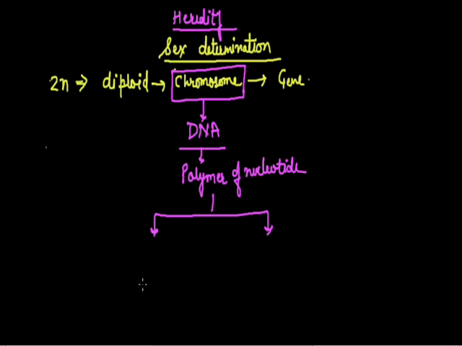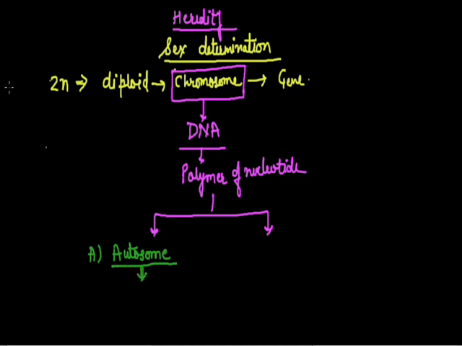In every organism, two different kinds of chromosomes are found. The first one is called autosome. These are common to all, that means they are found in male and female both.